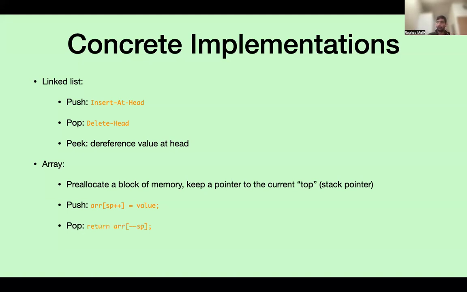For pop, I do that but backwards, right? SP is pointing to the top of the stack, or what the next element is going to be. So I decrement it by 1, and that gets me the most recent element pushed onto the stack, and then I return it. And then peek just dereferences SP minus 1 and returns that.